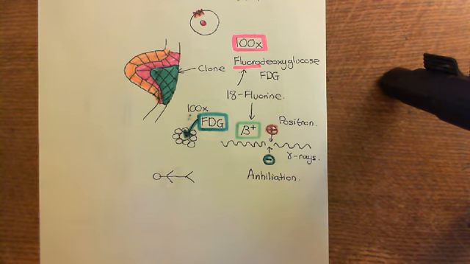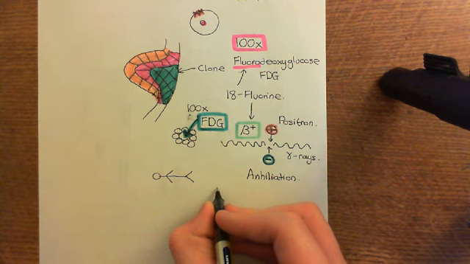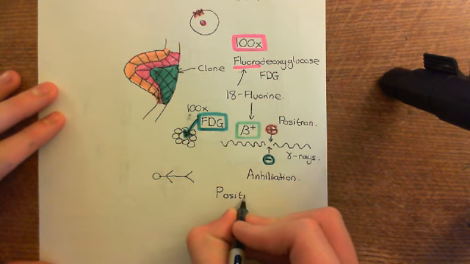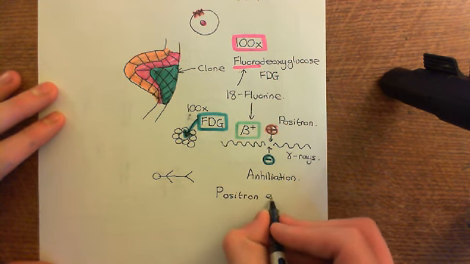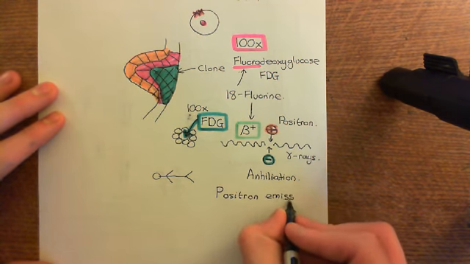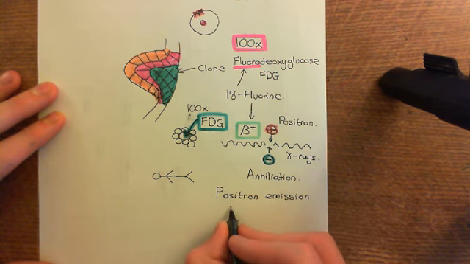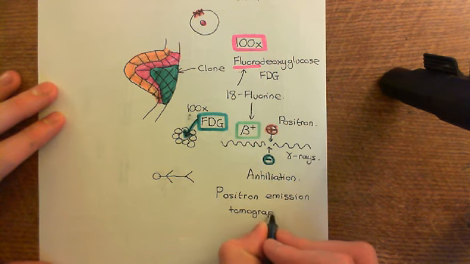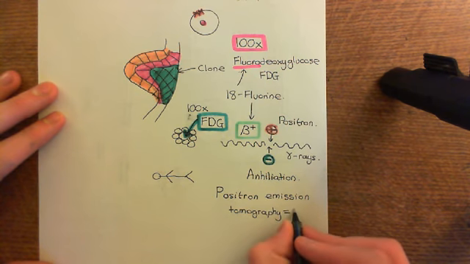So this is actually one of the key things that we use to diagnose someone with cancer. This has a special name. It is known as a positron emission tomography scan, because of how much positrons are involved in this. Positron emission tomography is abbreviated to PET.